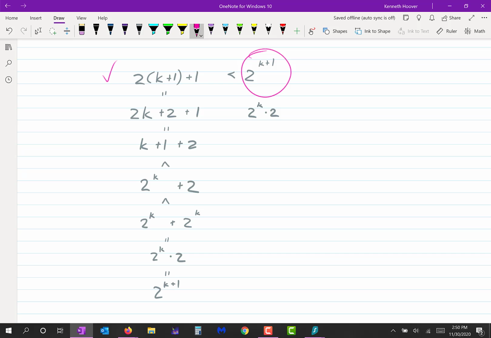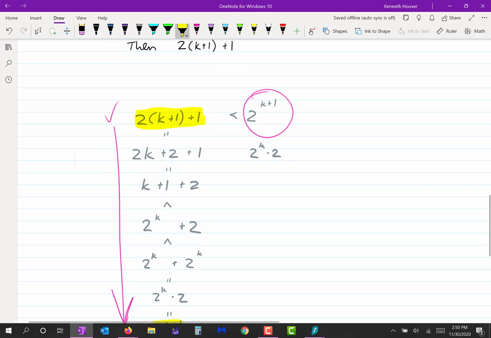From here to here, I have 2k plus 1 is less than 2 to the k plus 1. Okay?